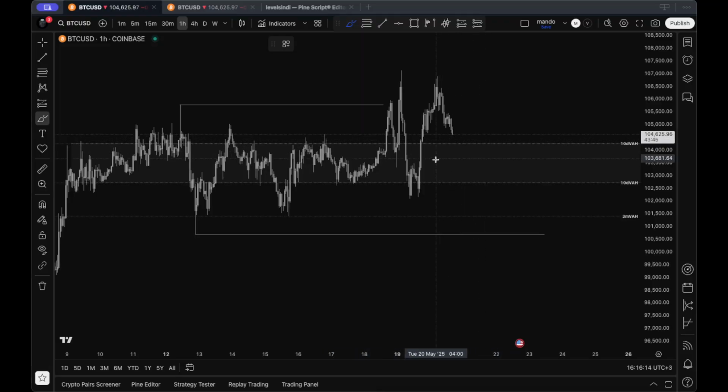What I'm expecting, first of all, on the lower time frame, acceptance below here should lead to a rotation towards 10-day Vajira high, Vajira low. Sorry, why am I tapping?